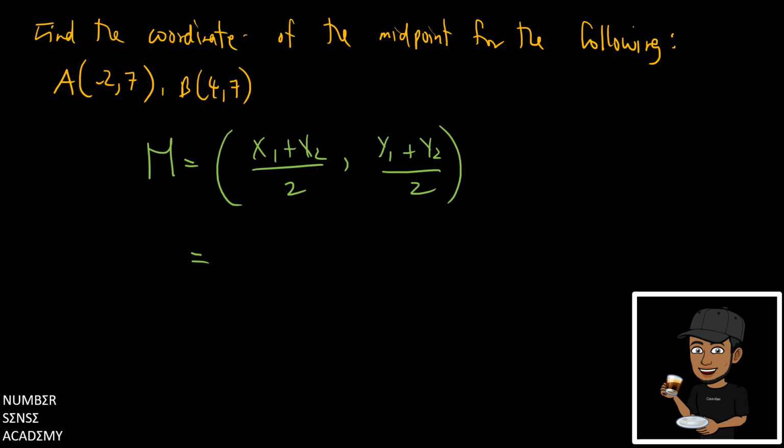So I'm going to locate my values. Let me just make this point clear. Because we're adding, it doesn't matter what you assign your x1, x2 to. So if you remember with slope, you could write it as y2 minus y1 over x2 minus x1.